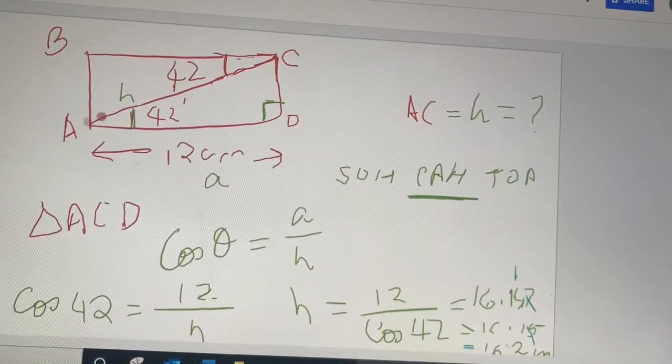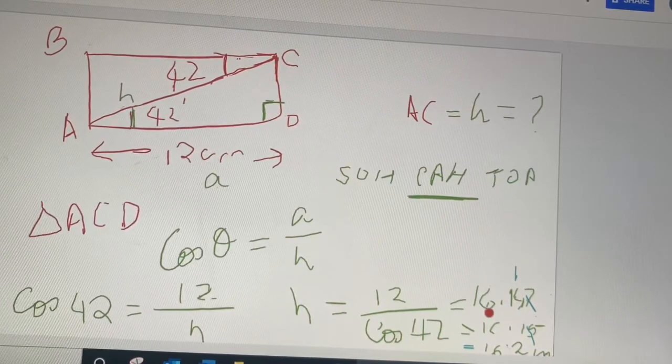So in this triangle ACD, using cos theta, which means cos 42, it will be equal to adjacent over hypotenuse, and the adjacent length is 12 centimeters. The hypotenuse we need to figure out because we are finding the length of the diagonal, which is AC. If we cross multiply, we get H equals 12 over cos 42.